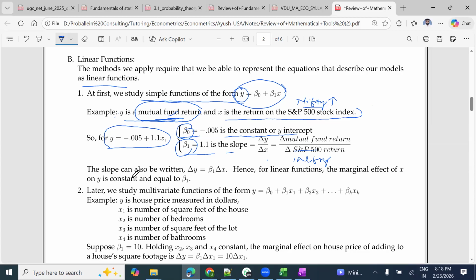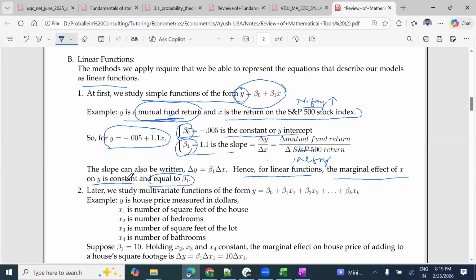Now the slope you can write also, because already we know that beta 1 is equal to delta y upon delta x. So delta y is equal to beta 1 times delta x, right? And for linear functions, you can interpret it like this: the marginal effect of x on y is constant and it is equal to beta 1.